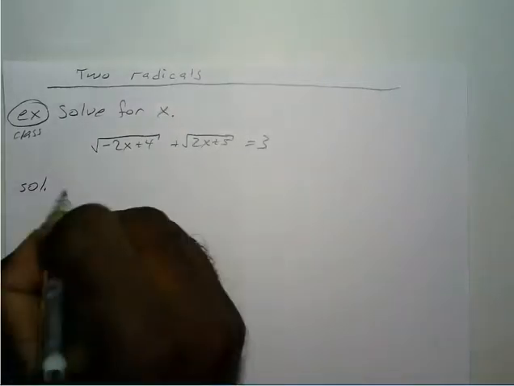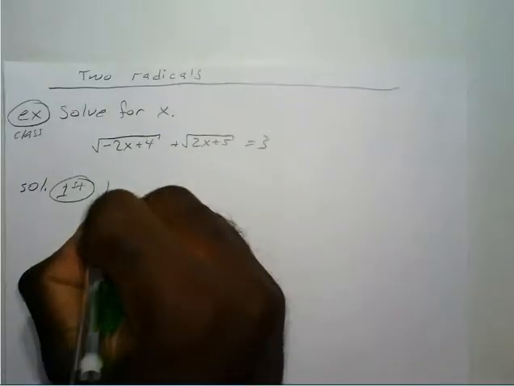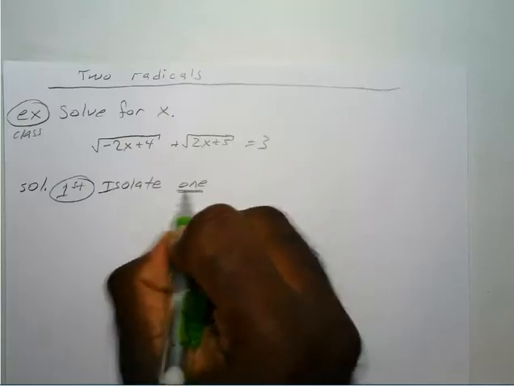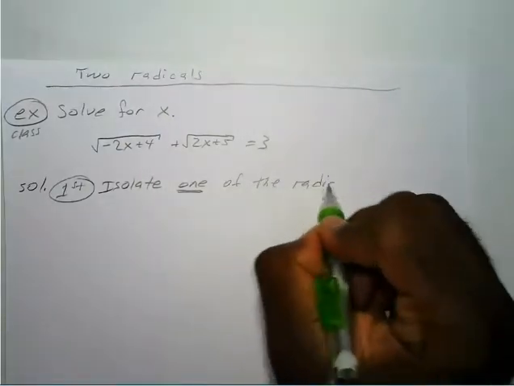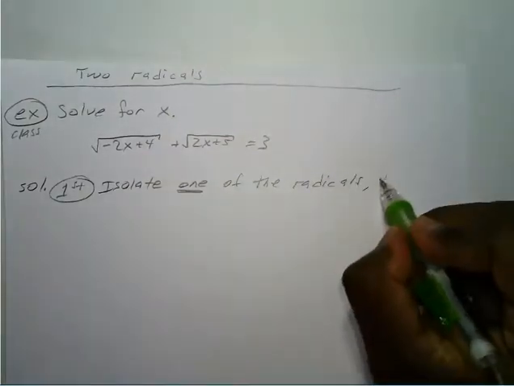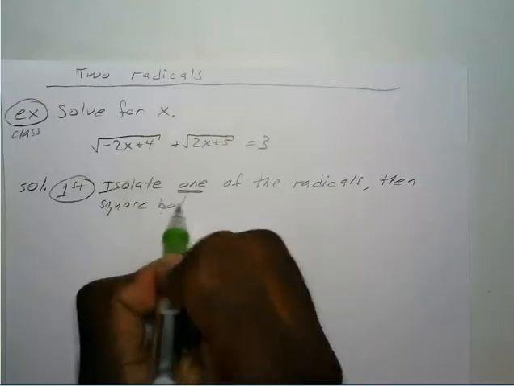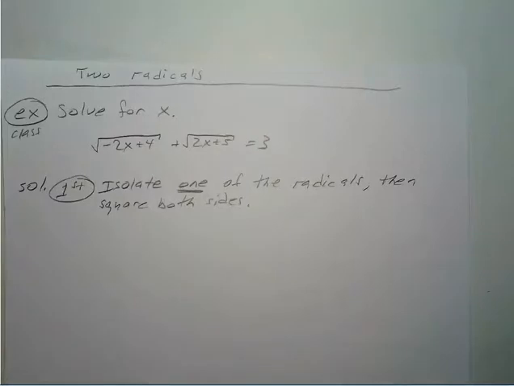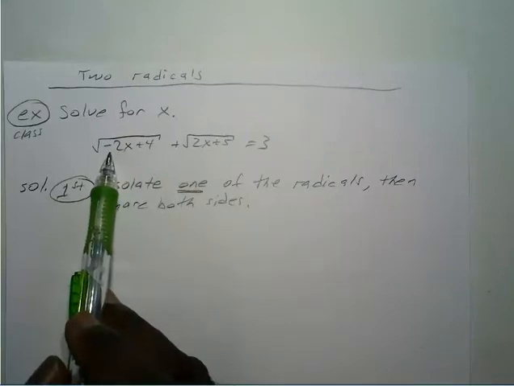All right, so remember, first thing you want to do, since you have two radicals, is isolate one of the radicals. Then square both sides. All right, so let's say we isolate the square root of negative 2x plus 4.